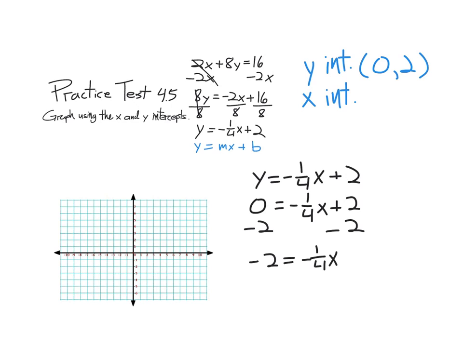Then I need to divide by negative 1/4, but we don't divide fractions. We multiply by the reciprocal, which would be negative 4 over 1, or just negative 4. This cancels out, and I get x equals negative 4 times negative 2 is a positive 8. So my x-intercept is 8, 0.